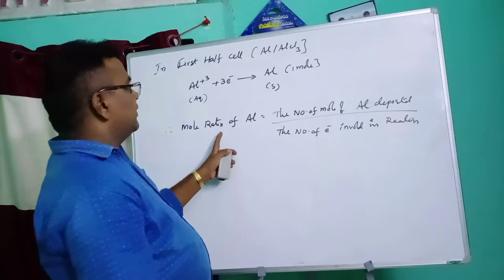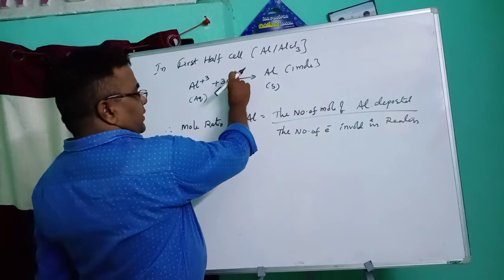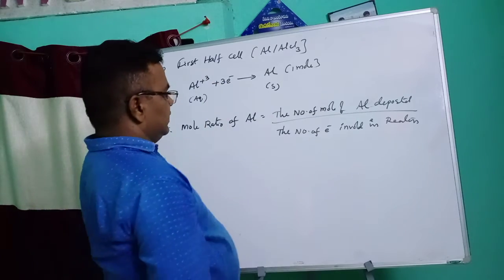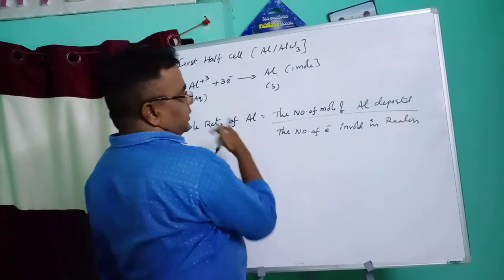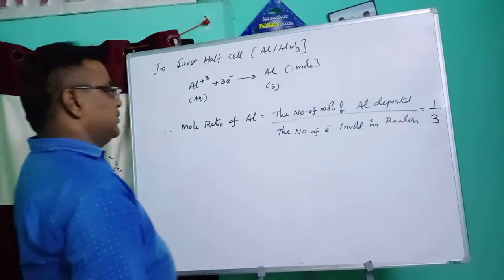So how many moles of aluminum are deposited? 1 mole. The number of moles of electrons involved in the reaction is 3. That is equal to 1 mole aluminum to 3 moles electrons, which is 1 by 3.